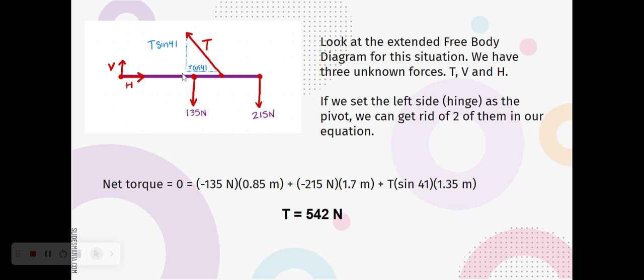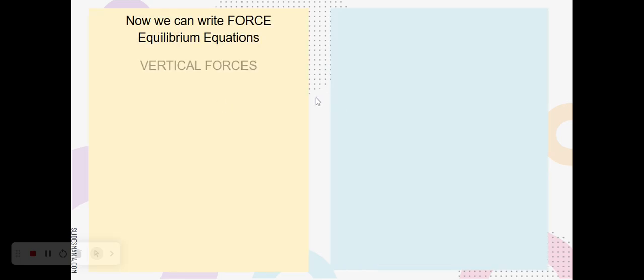So we have T. So we have a vertical portion here. We know these two vertical ones. And the only other vertical force is V. We know T, so we know the horizontal portion of this, and the only other horizontal force is H. So when we look at our force equilibrium equations, we're just going to write a vertical force equilibrium and a horizontal force equilibrium.